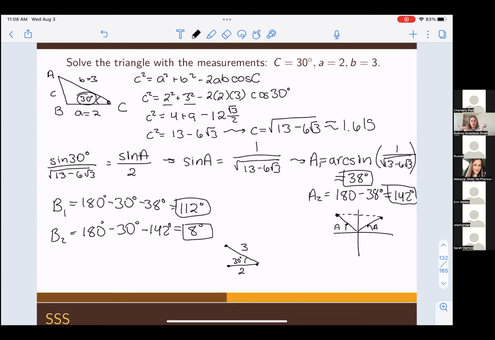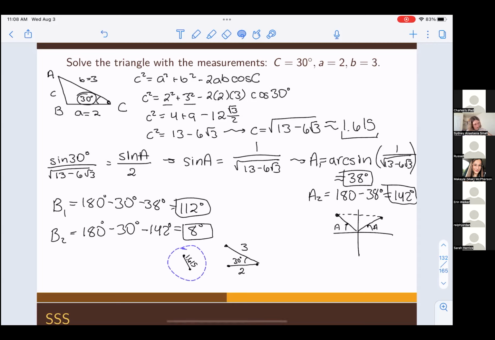We can't move them around, and that 30-degree angle is also fixed. We can't move it around. The first thing I did was solve for side C, which I know is about 1.615.